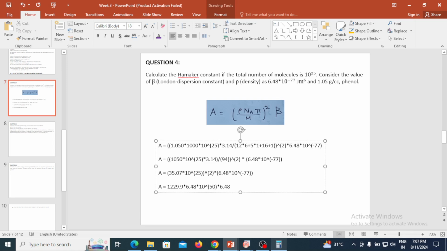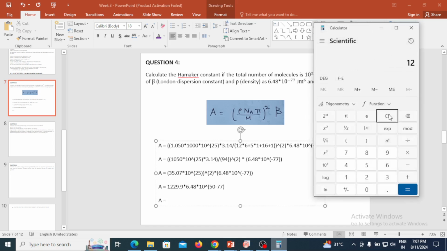So it is 10 power 50 minus 77, right? Because you are multiplying. So the Hamaker's constant will be 1229.9 times 6.48.